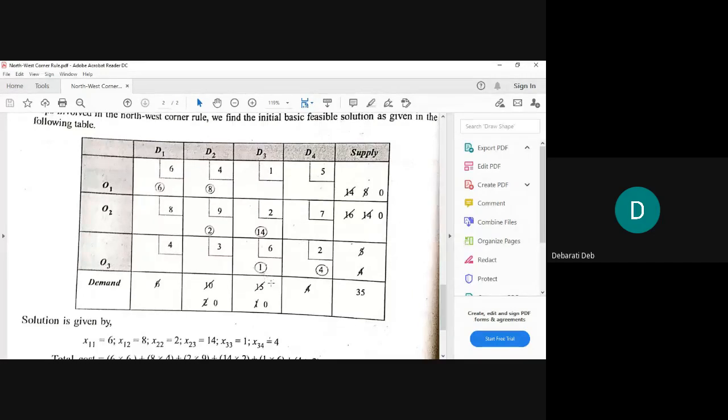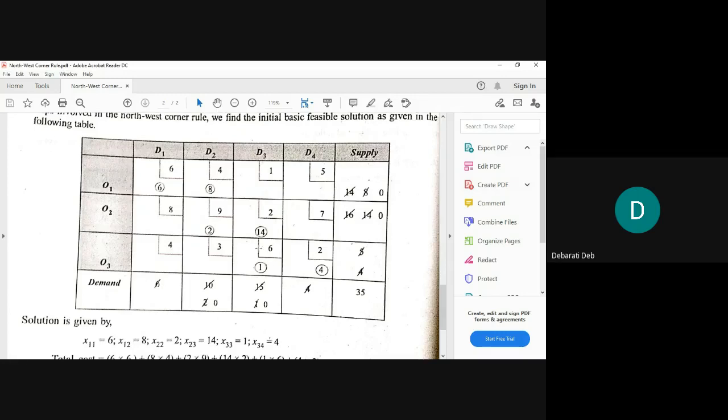Now when we were comparing 15 and 14, 15 was more. That means the column total is more. That is the demand side is more. If demand side is more, we move downward. So we are now in the box O3D3, right?